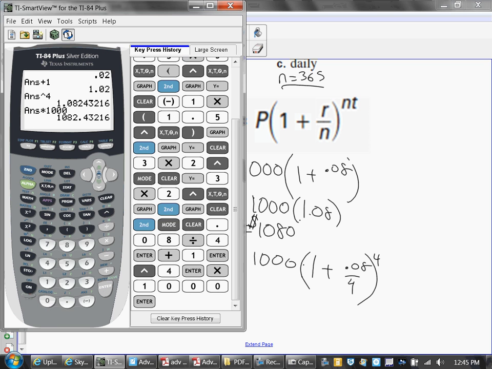And there's my answer. $1,080.43. What I'm doing here is working from the inside out using my order of operations, instead of trying to type it all in as one long string. That's usually where people mess up. You're dealing with money, so you have to round to 2 decimal places.